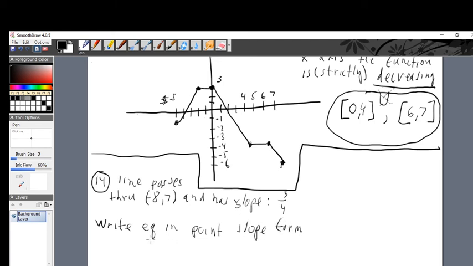Okay, let me give you a quick review. Slope intercept form is y equals mx plus b. All right, that's not what they want here. What they want is the point slope form.